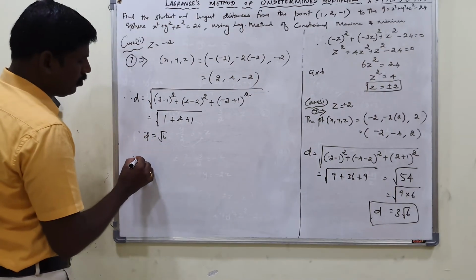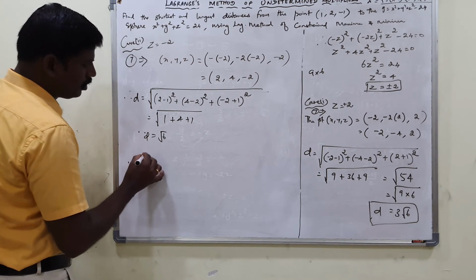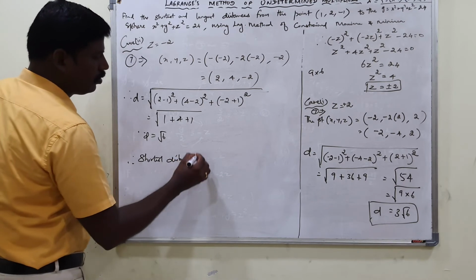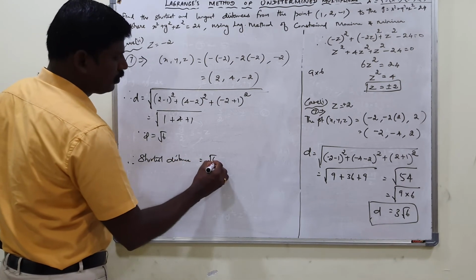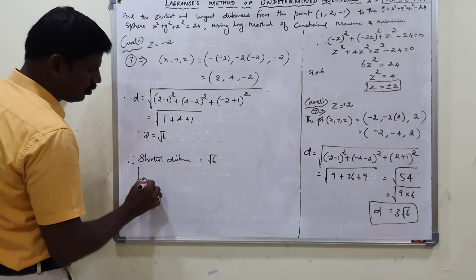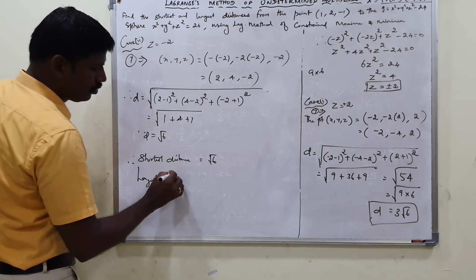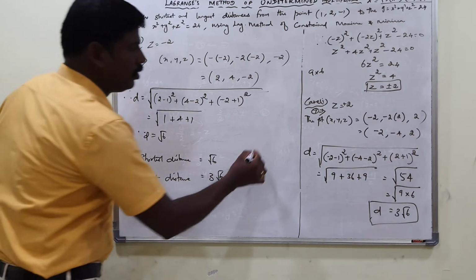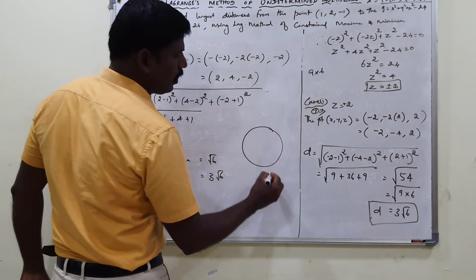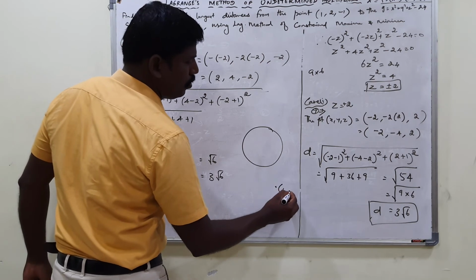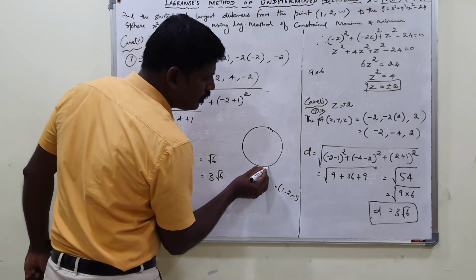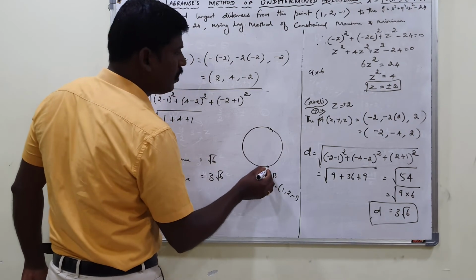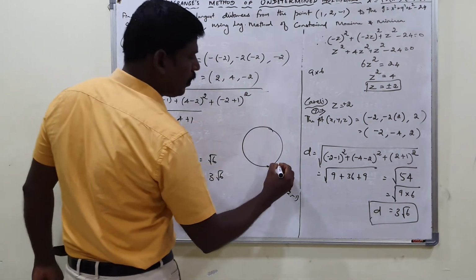Therefore, the shortest distance is equal to root 6. Longest distance is equal to 3 root 6, isn't it? That's all. Right? So the sphere is here. The point is here, 1, 2, minus 1. So this is the shortest distance as root 6. This point we obtained here is 2, 4, minus 2.